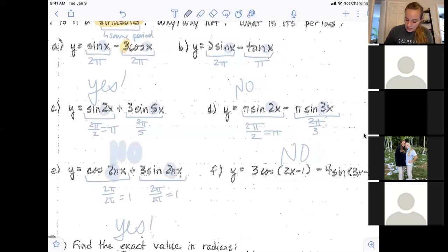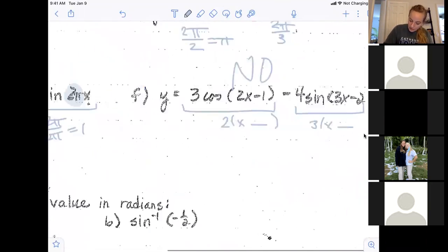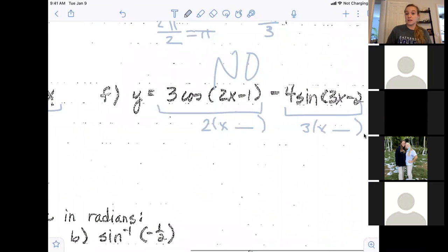And then the last one says 3 cosine of 2x minus 1 and 4 sine of 3x minus 2. Now, normally we're used to the number being out front, so we can think of it as like 2 times x plus or minus something, and then 3 times x plus or minus something. I don't even care what that plus or minus something is. It doesn't matter.